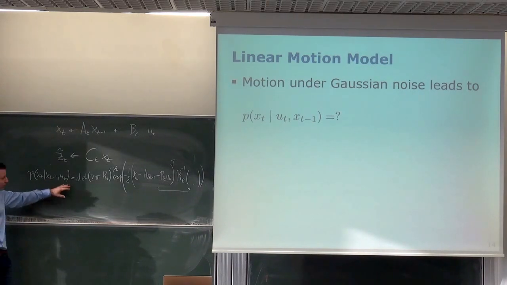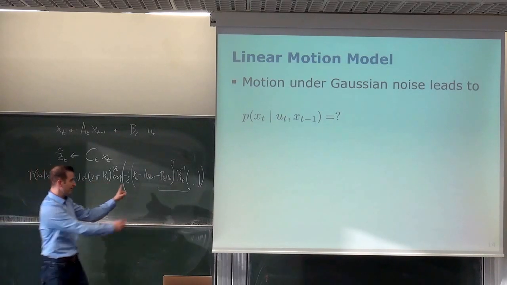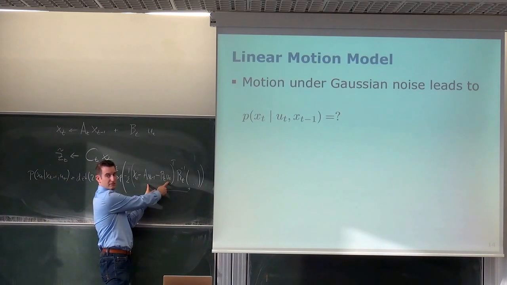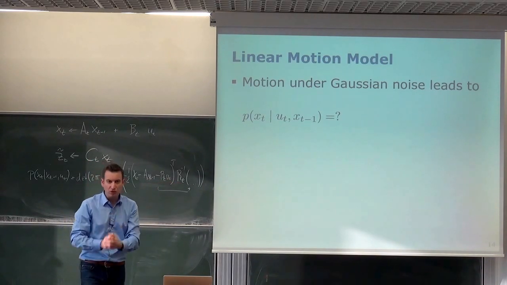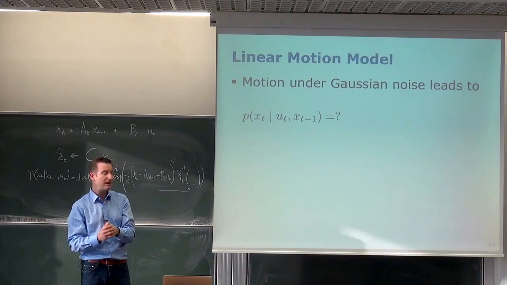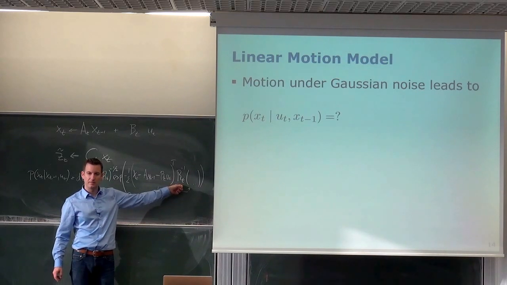This is a Gaussian distribution, and this is how the Gaussian distribution looks like. So it's a Gaussian, and this is kind of the linear transformation in there. Okay? And the R_t is the additional noise that the motion introduces to the overall system. So the uncertainty of my motion. Okay?